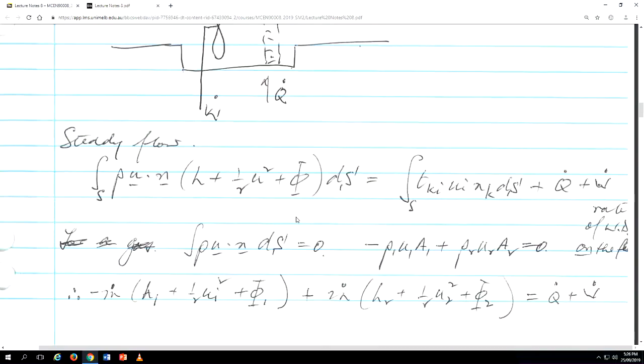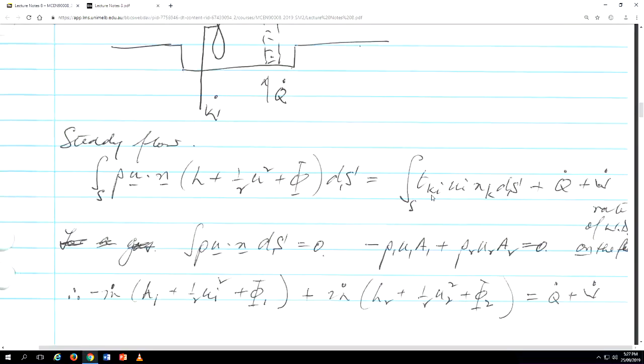So h appears there because you've already included the pressure work. But in general, there will be an integral over the bounding surface of tau ki ui nk ds, and there will be a change in that left-hand side if you're adding heat or if you're doing work. So that's the energy equation.